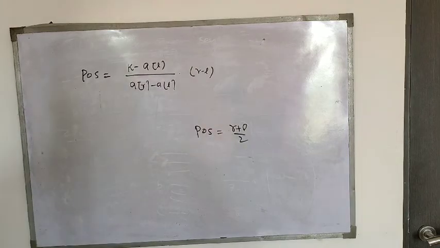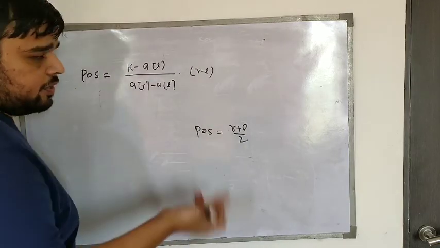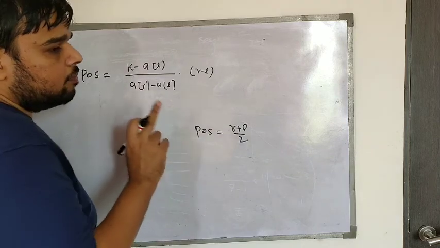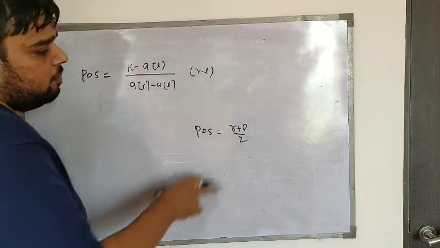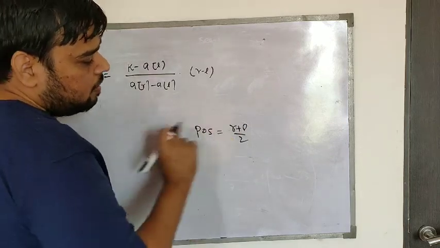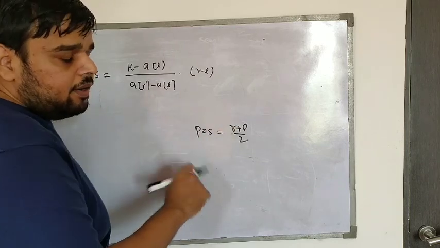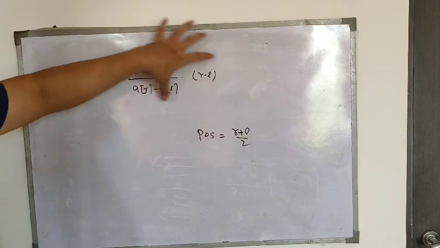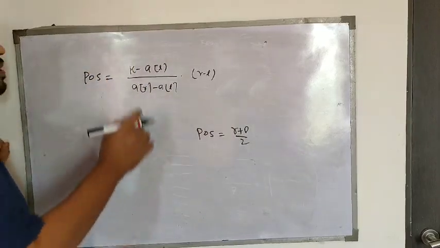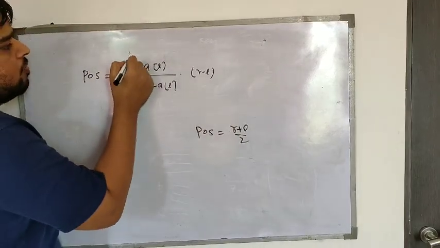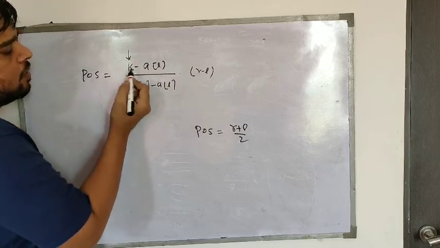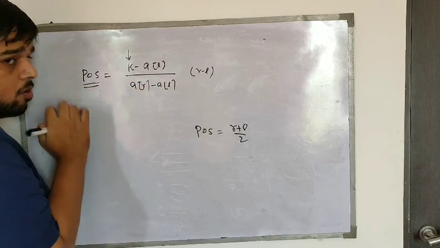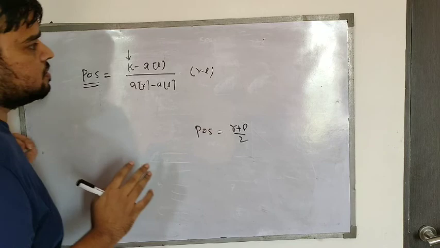We know that in binary search, in each iteration, we find the position of the middle element with the formula (R plus L) by 2, where R is the ending index and L is the starting index. But in interpolation search, we use an interpolation formula, in which we are looking for a key k. So how do we calculate the position in each iteration?